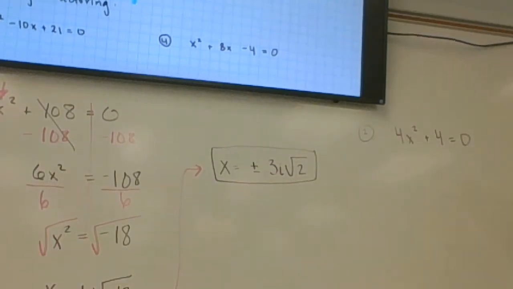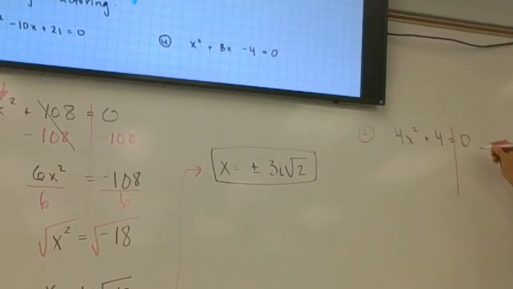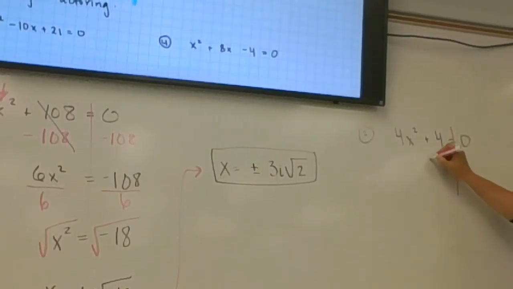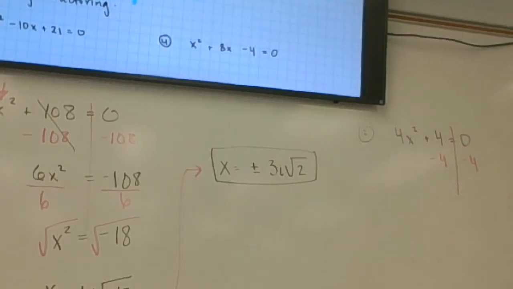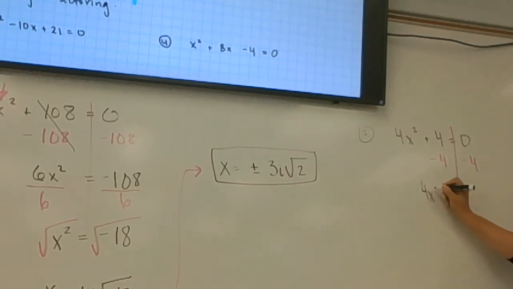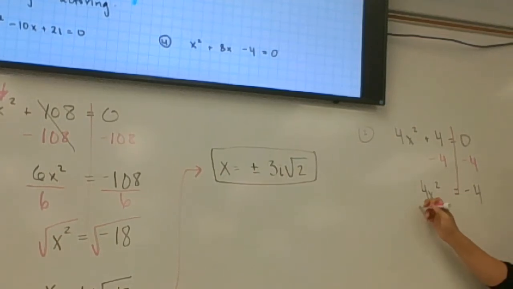Put your line in. You have a plus 4. You don't want it there, subtract it. Isolate x squared. Okay, trying to get x squared alone. Divide both sides by 4. X squared equals -1.